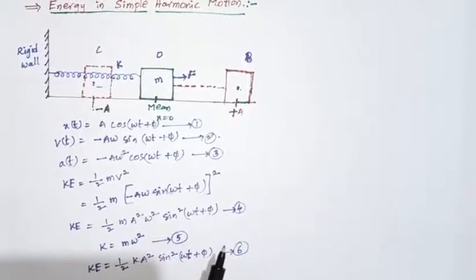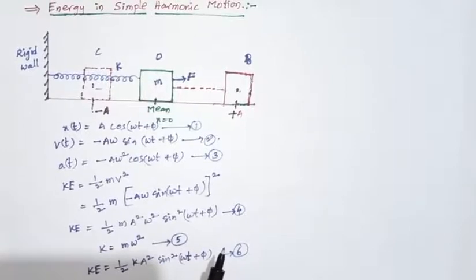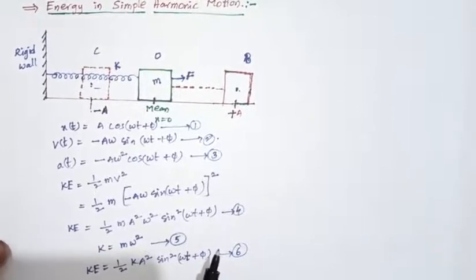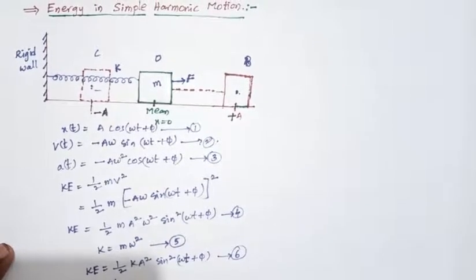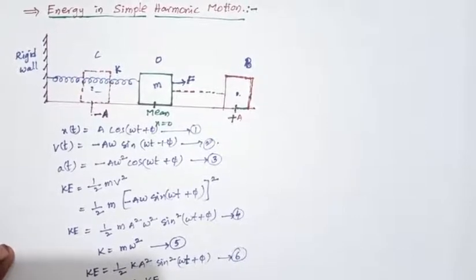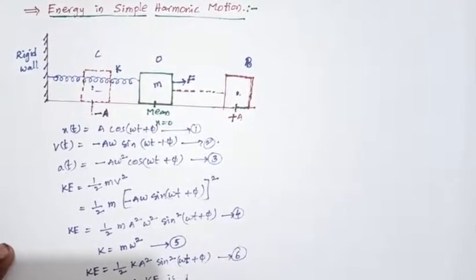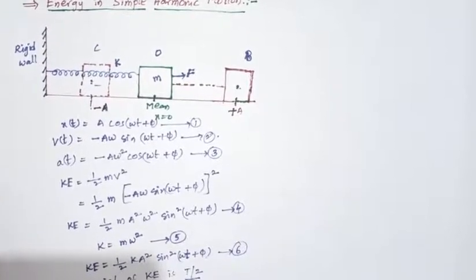And again, the period of kinetic energy, that is the time period of kinetic energy, is T by 2.